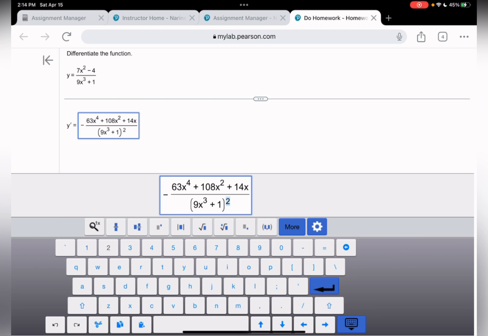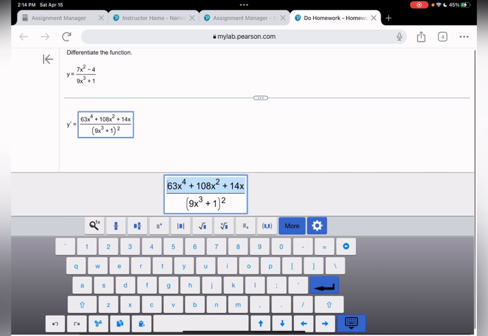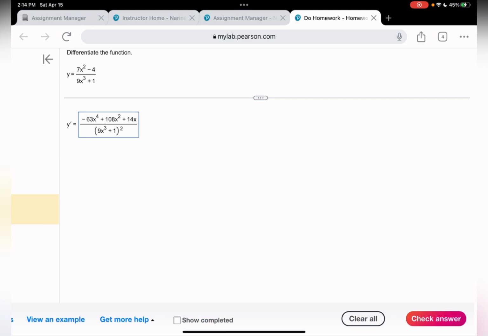Okay, so the other thing we need to clean is this one, and I need to put the negative right in front of 63. Okay, now I got it.